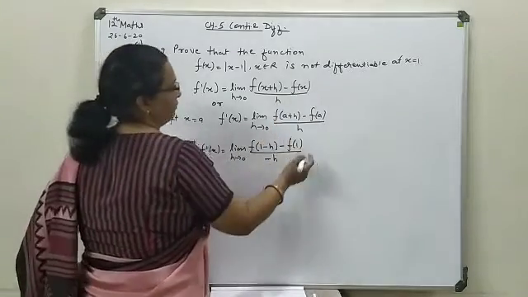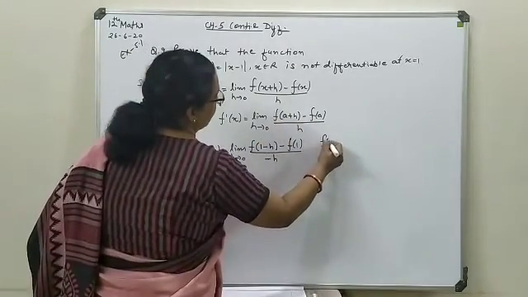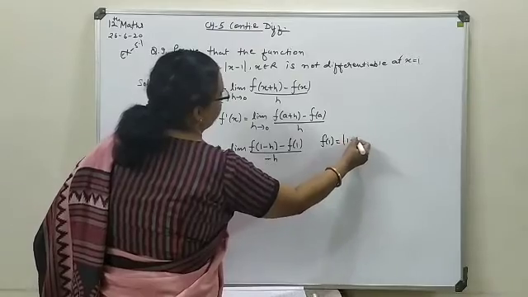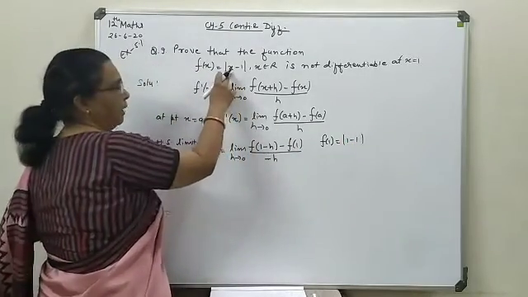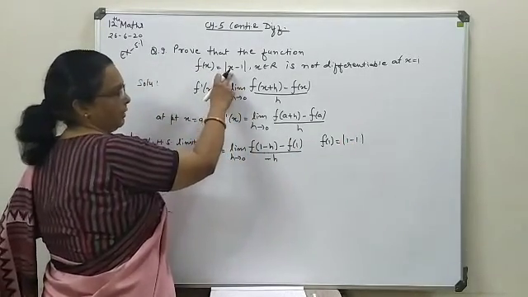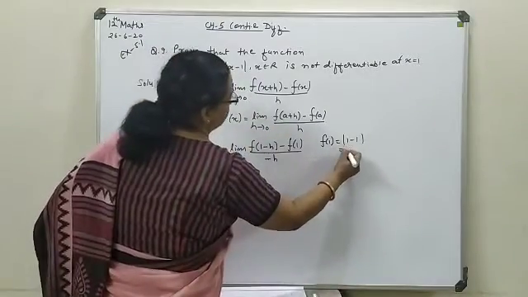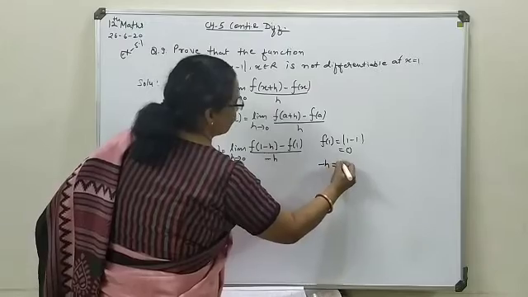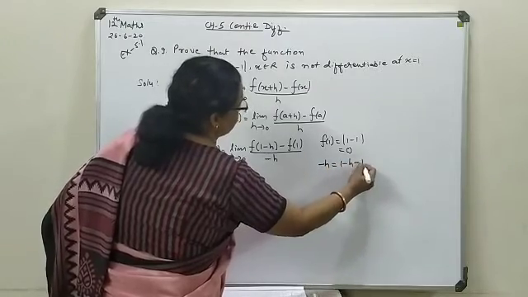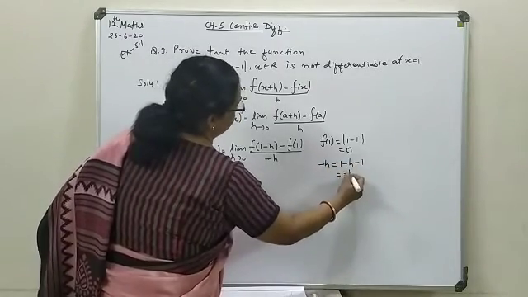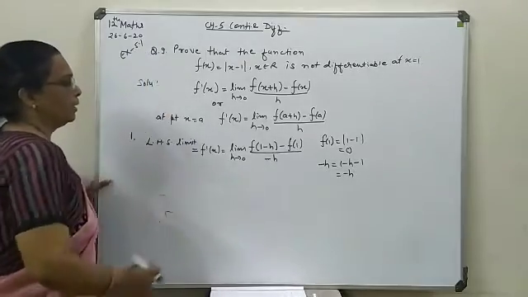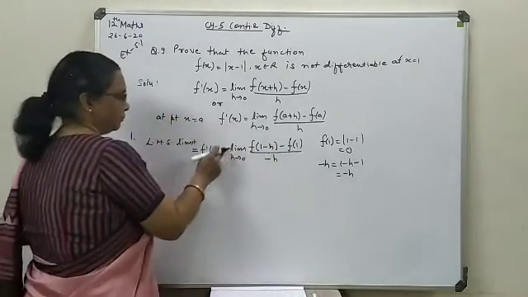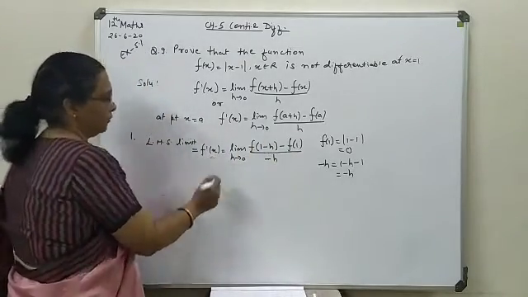Now what is the function value at 1? In the main function you will substitute 1 as x, so 1 minus 1 obviously turns to 0. This minus h is produced from 1 minus h and minus 1. So this is the basic form we have to write.